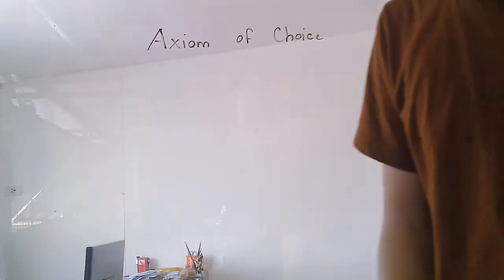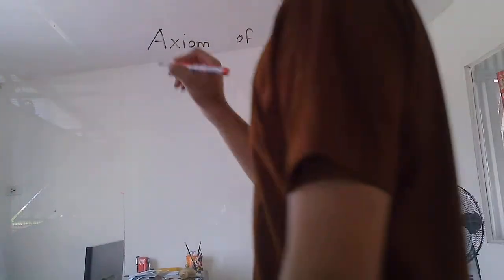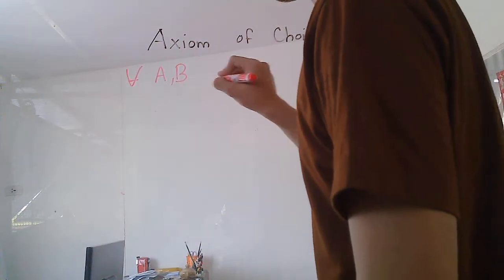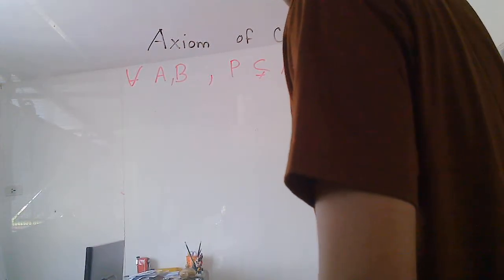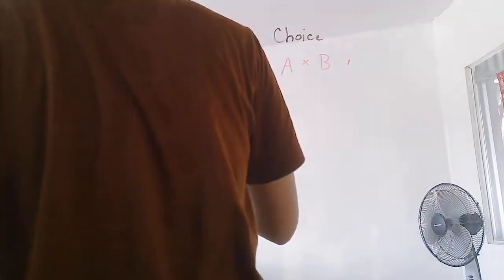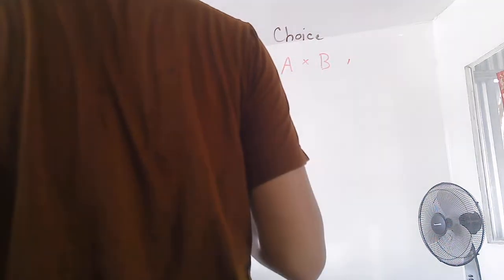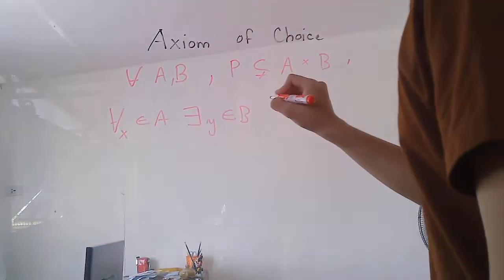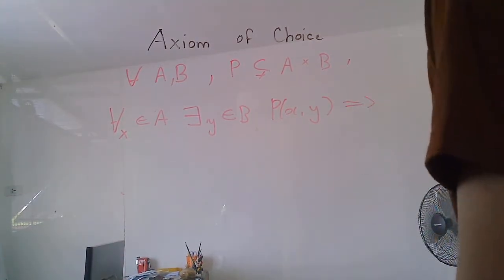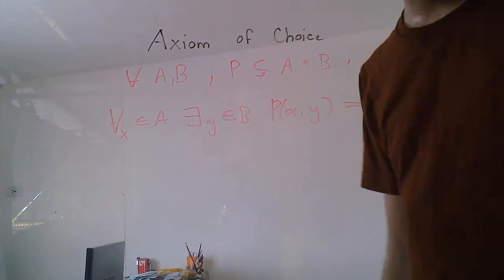So formally, we say that for any sets A, B with a binary relation, it's a subset of A cross B. For all x inside A, there exists a y inside B that satisfies the relation of x, y. Okay, so let me rephrase that.